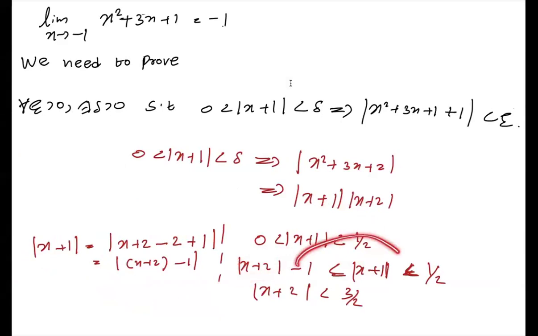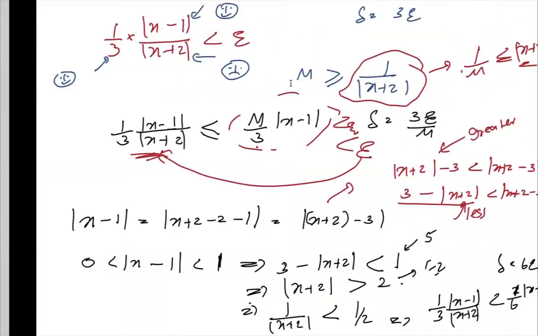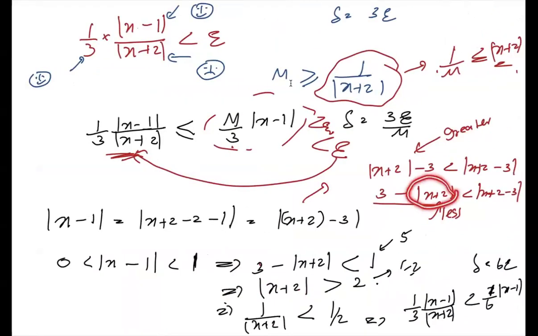So that's fine because this one is going to this side as a positive value. But here, if you need to get something less than this one, it is mandatory to put something less than this absolute value. To be on the safe side, always take that delta term less than the absolute value of that constant term without x, right? So it is much easier.